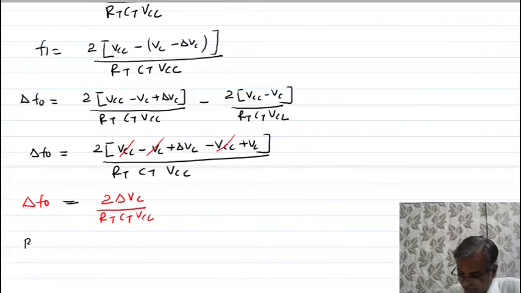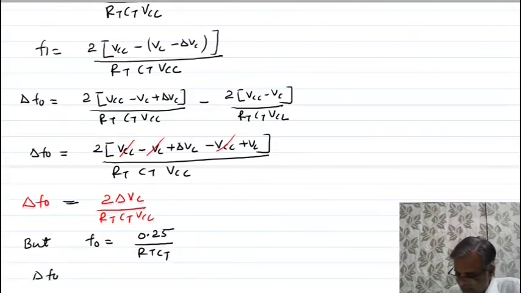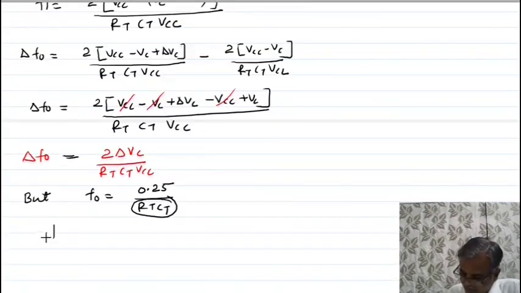But already you know that we have written F0 is nothing but 0.25 upon RT into CT. So by putting this value in the above equation, look here, 1 upon RT CT is nothing but 4F0.